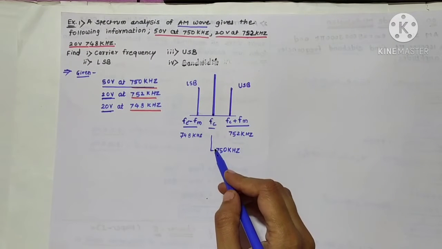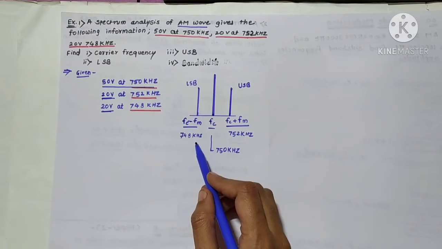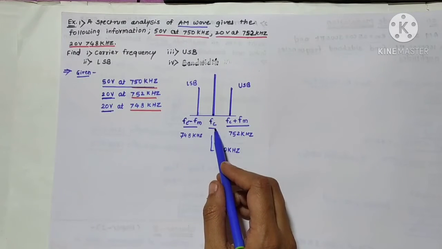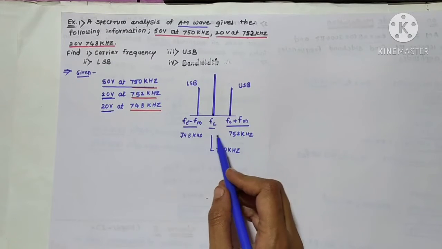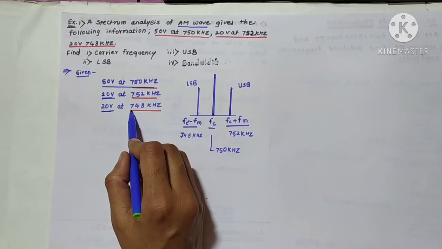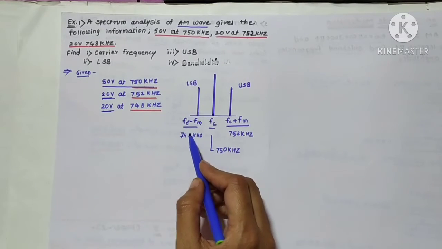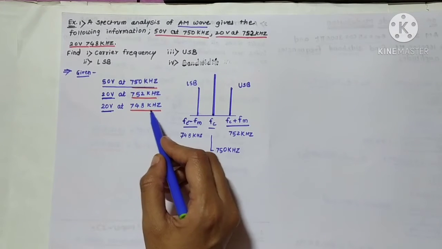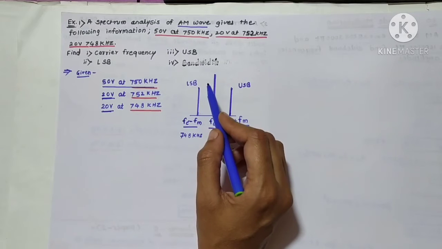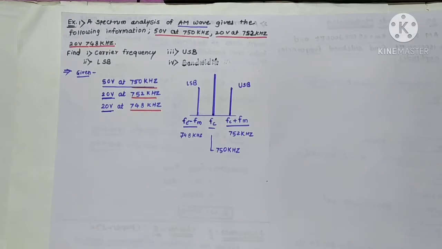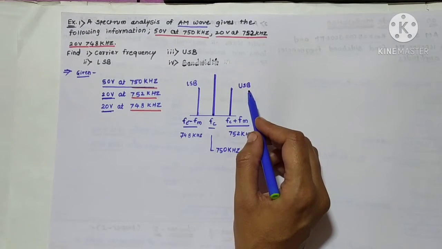Or we can say that the frequency of the lower side band is always less than that of the carrier and the upper side band. Therefore this is the lower frequency of the two side bands, so the frequency is 748 kilohertz. This is the frequency of the LSB, the lower side band, and the frequency which is larger than the carrier frequency is called the frequency of the upper side band.